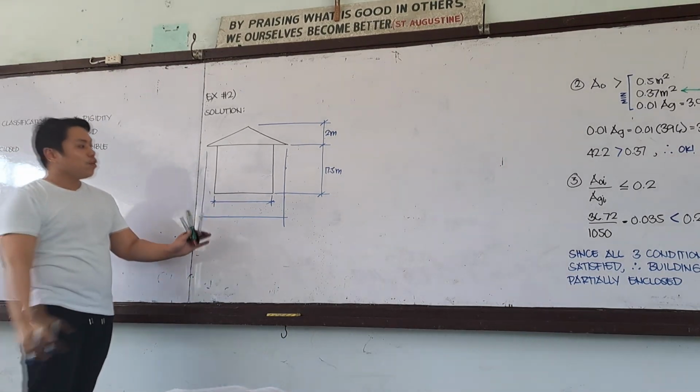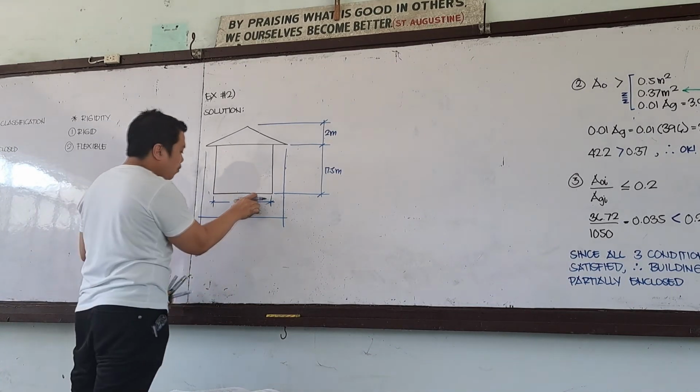Okay, so the front side of the building has a width of 25.2 meters.